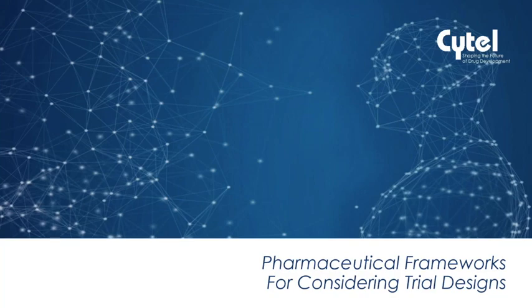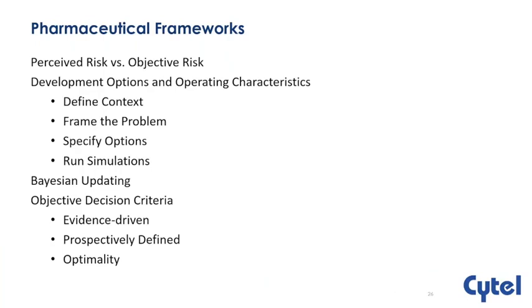Pharmaceutical frameworks. So now I will try to put all this into a broader context of drug development. So firstly, how do you create a framework, and how should you be planning your drug development anyway?